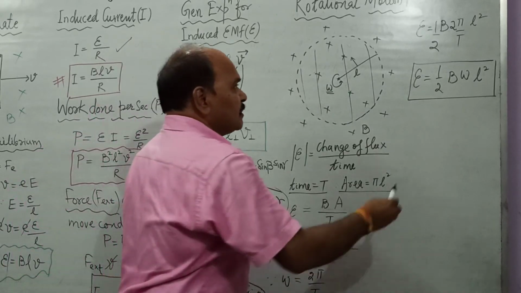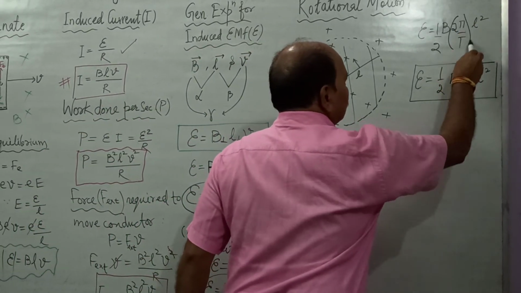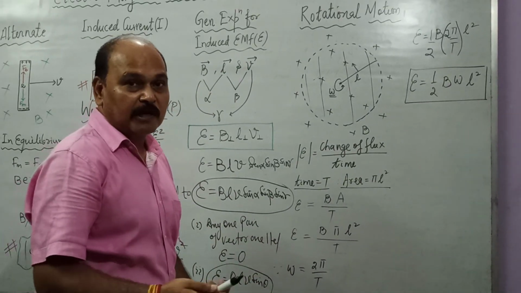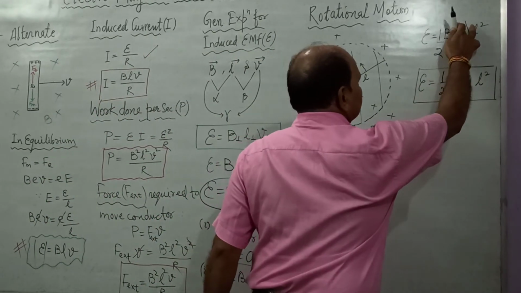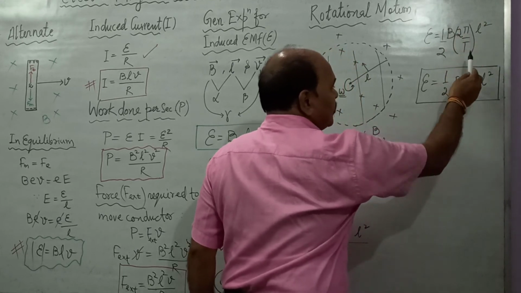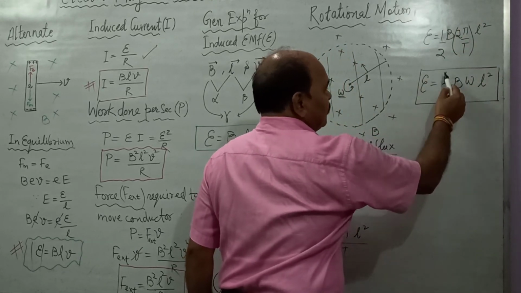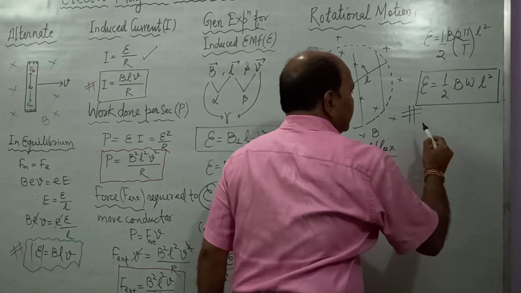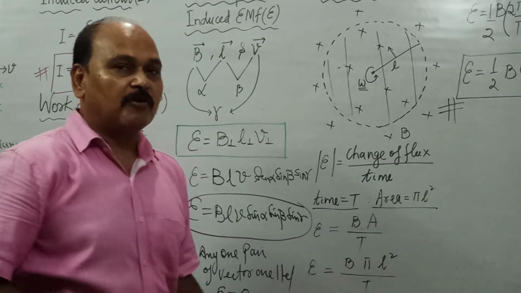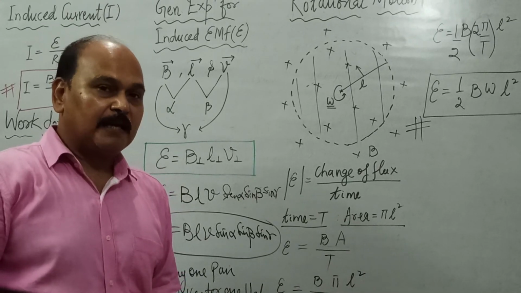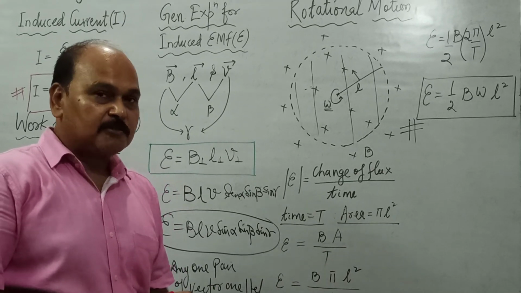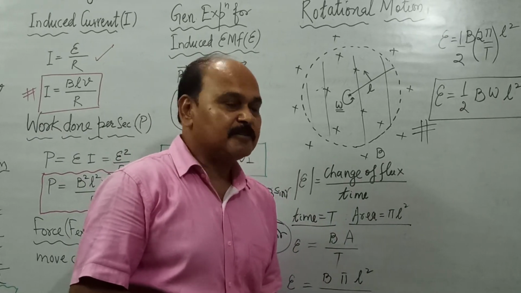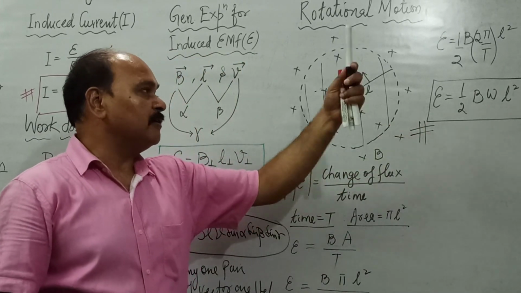Now this is 2 pi by T, which is nothing but angular velocity or angular frequency, omega. So induced EMF is 1 upon 2 B omega L square. This is the value of motional EMF induced across a rod of length L moving in a transverse uniform magnetic field B with angular velocity omega or angular frequency omega.